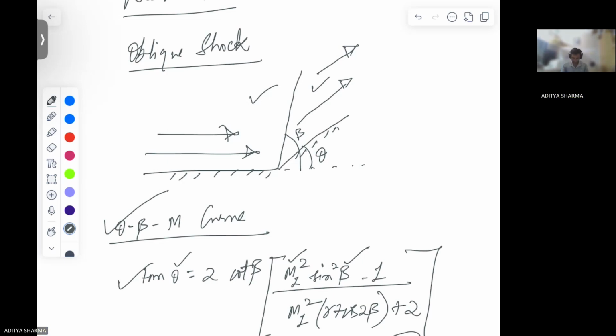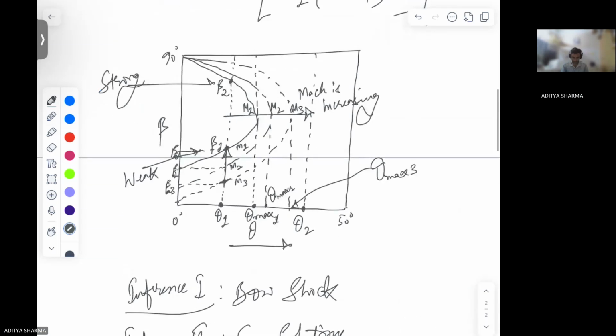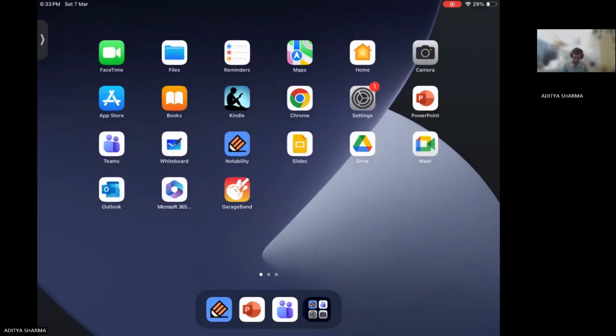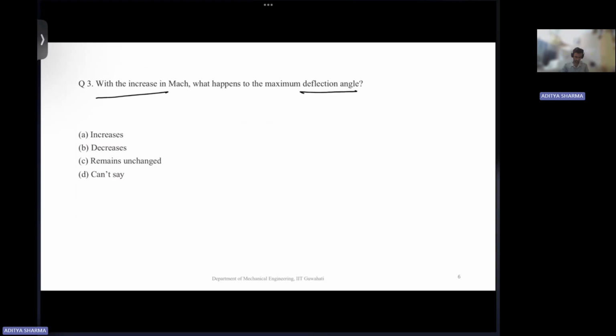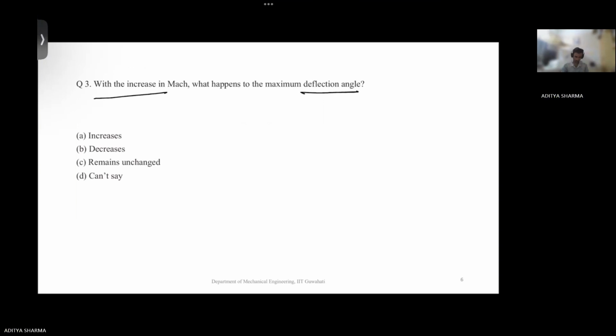So what happens to the maximum deflection? It increases. Then moving on to next question.